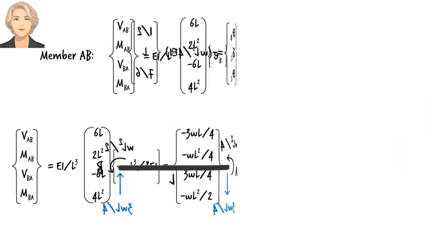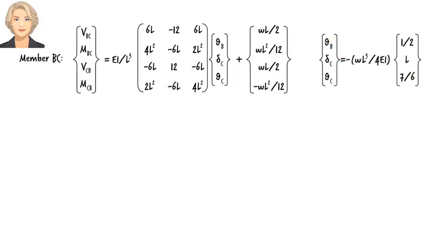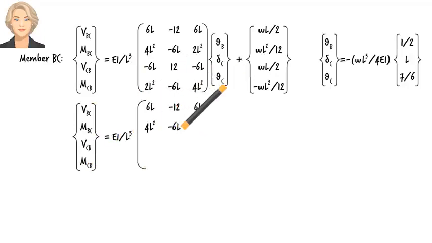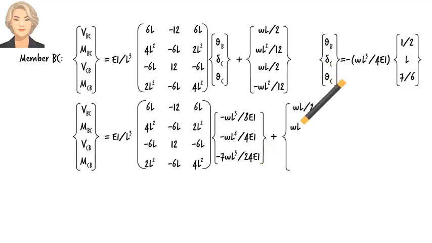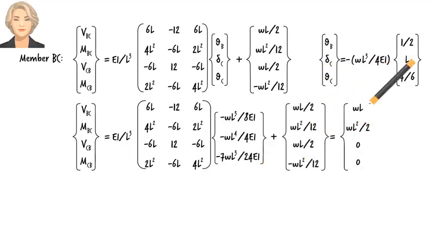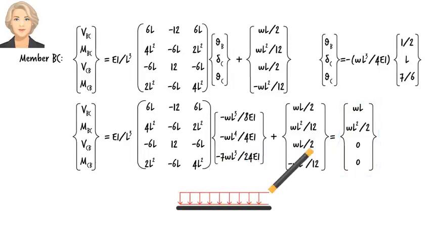For BC, we can write, substituting the solution vector here, we get, here are the member end forces for segment BC, and here is the segment's free body diagram.